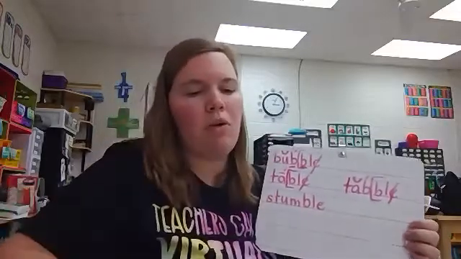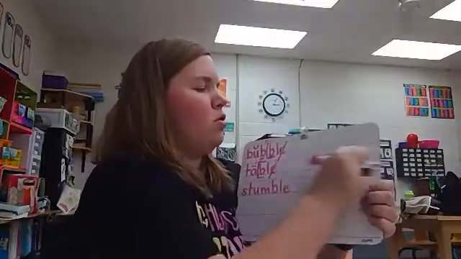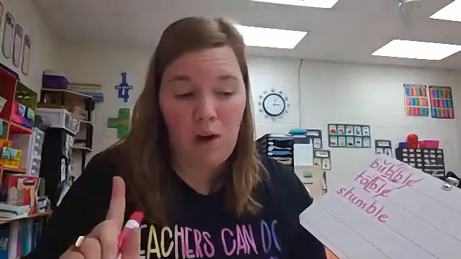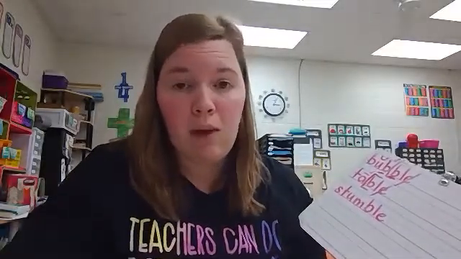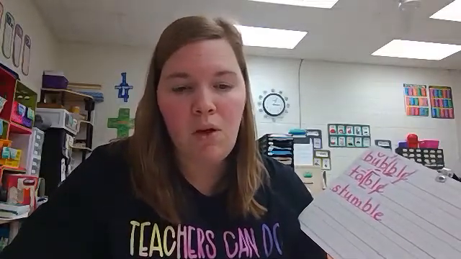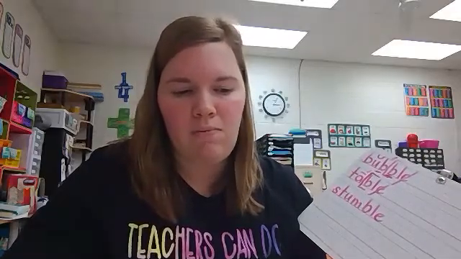No. So remember, we are going to pay attention to those rules, okay? There is one exception to this rule. When you're spelling with final stable syllable, KLE, and the vowel needs to be short, we're going to add C instead of doubling the K, okay?